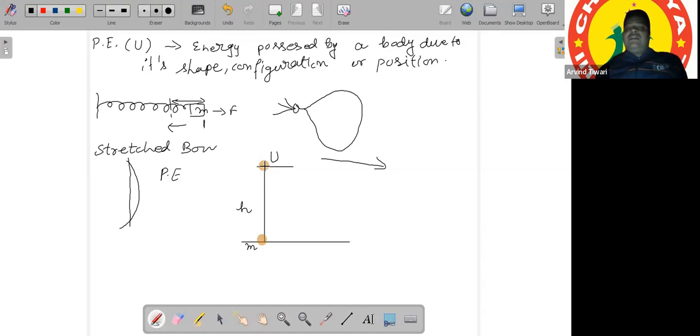Hence when it is released from this point, suppose the support is removed from here, the ball will displace on its own, as it has potential energy stored in it, right? So I hope all of you have understood the concept of potential energy.